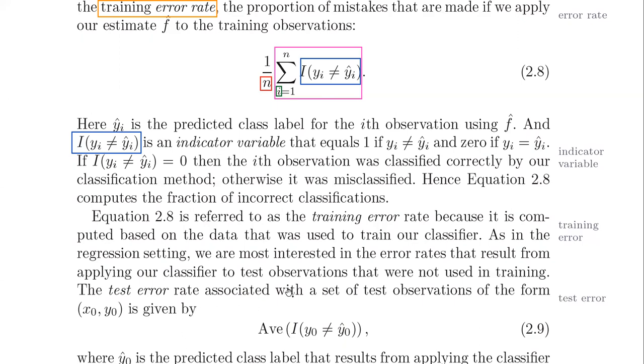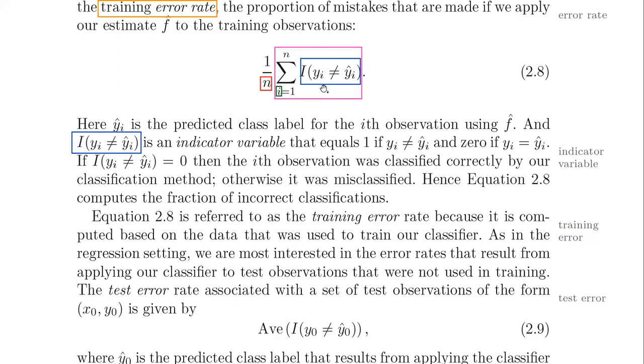The test error rate associated with a set of test observations of the form x0, y0 is given by this. So what it's telling you is, take all your test data. The book, I'm not entirely sure why, just calls it x0, y0, but you could have, I don't know, 1 million test data points. I think it's just so it doesn't use a different n, but it's the same thing. AVE is just average.